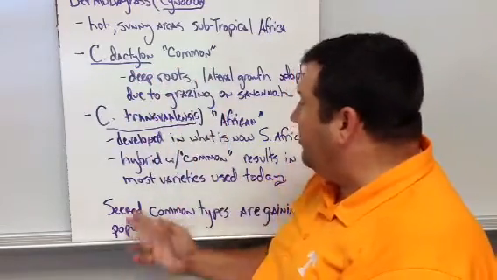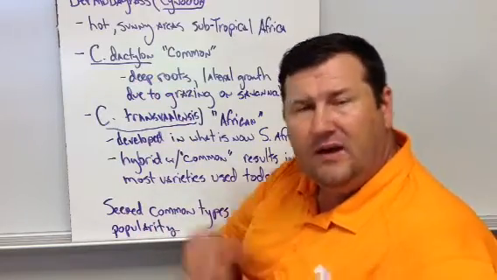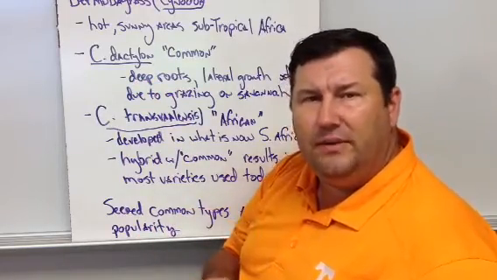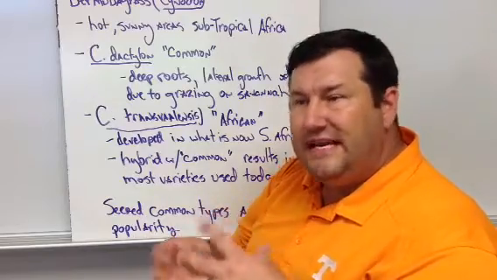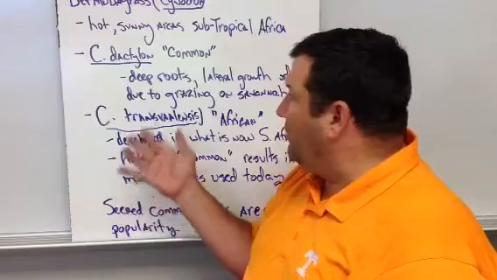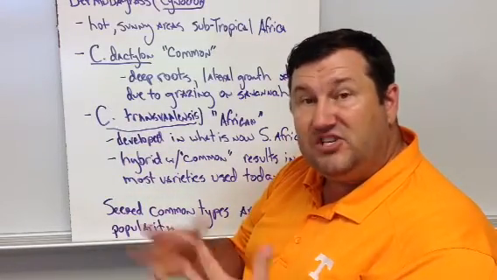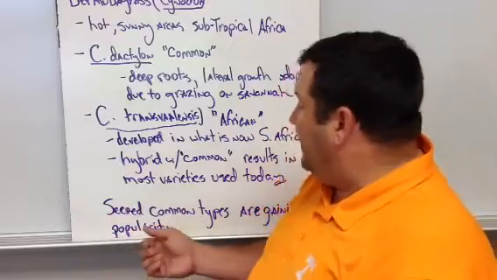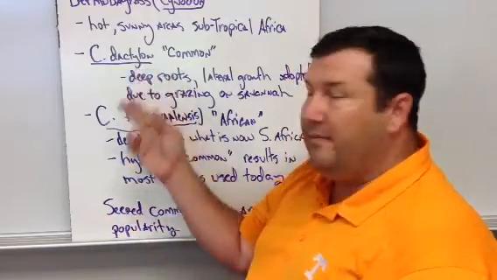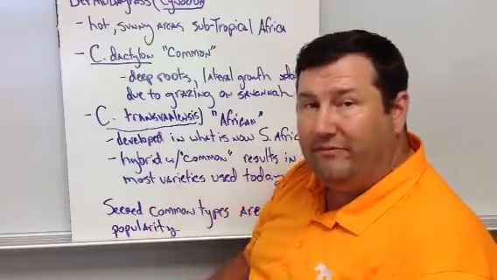There are also some seeded common types that are gaining popularity mostly because of the desirability to transport seed rather than large volumes of stolons that are required with the hybrid Bermuda grasses that are sterile, so they don't produce seed. So the seeded varieties of common Bermuda grass are gaining popularity and are becoming more prevalent today.